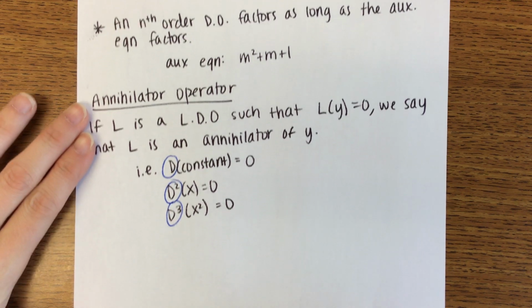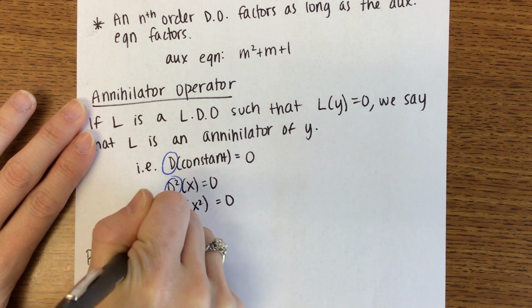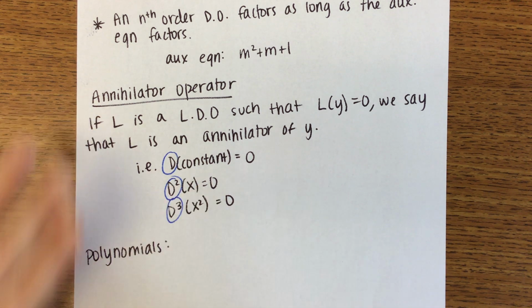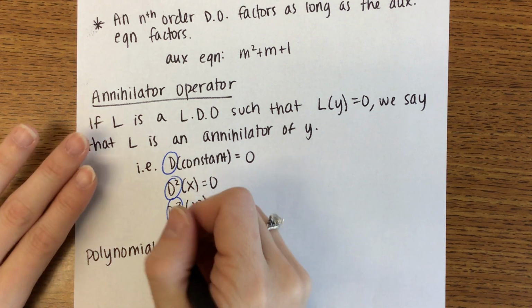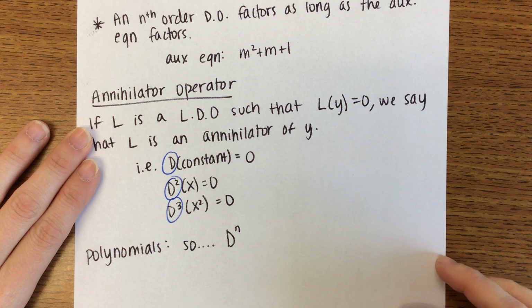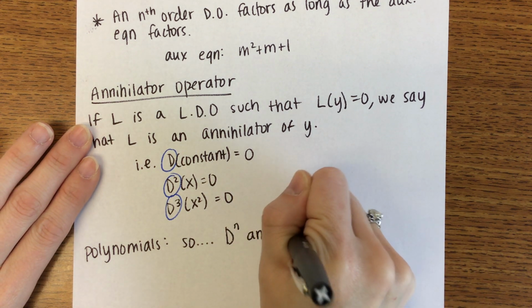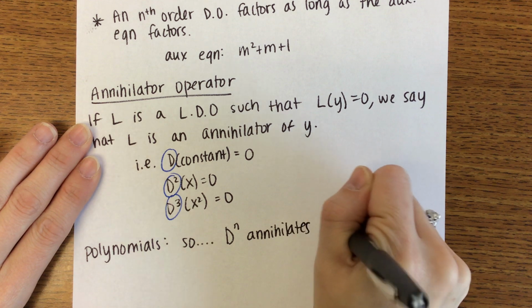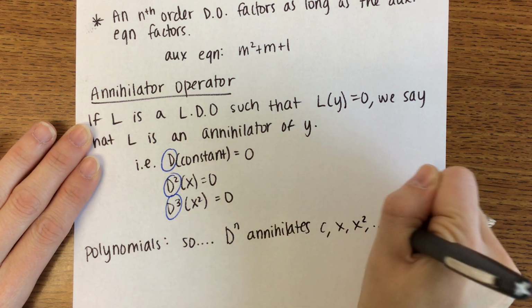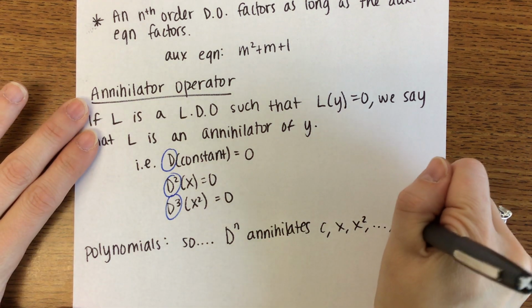Okay, so that helps us with polynomials. For polynomials, what we just saw is that D to the n will annihilate x squared, all the way up to x to what power? n minus 1.